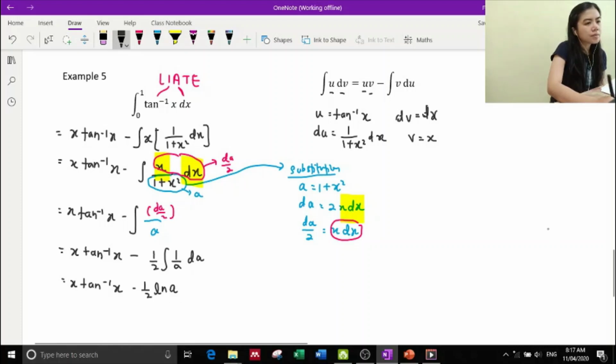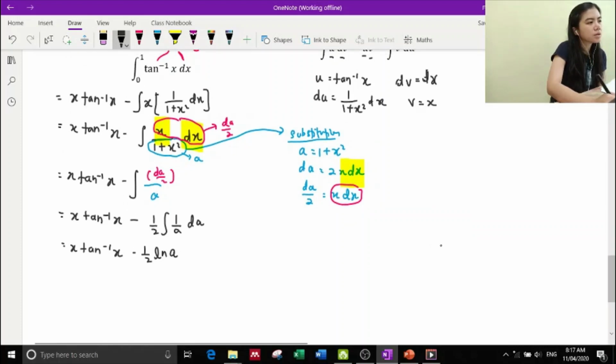But if you refer to the question, our question is not in a, but in x. Our question is in terms of x, right? So you have to change it back. So if you change it back, you have x tangent inverse x minus 1 over 2 ln a, where your a is 1 plus x squared.